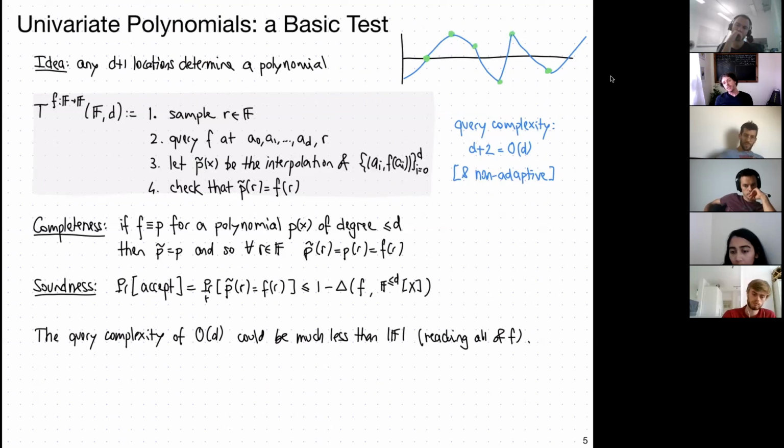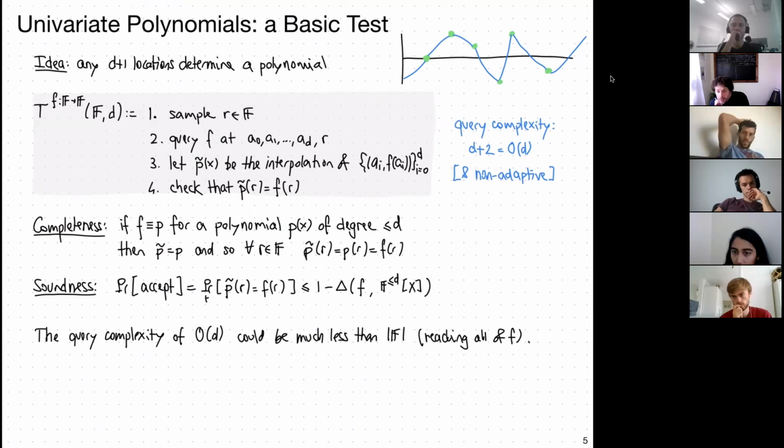However, in most settings, we actually don't want to blow up our encoding by a lot. And we choose D and F to be very similar. And then in some sense, this is extremely expensive. Because if F is twice the size of D, then in order to run this test, we're actually paying a lot.